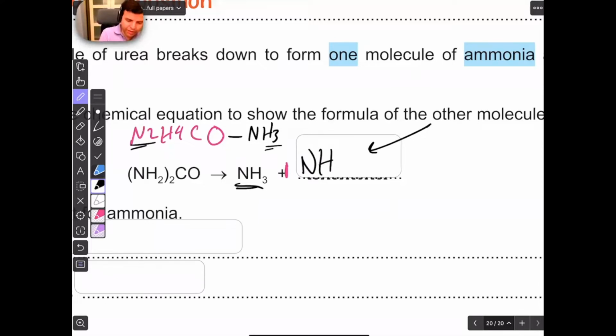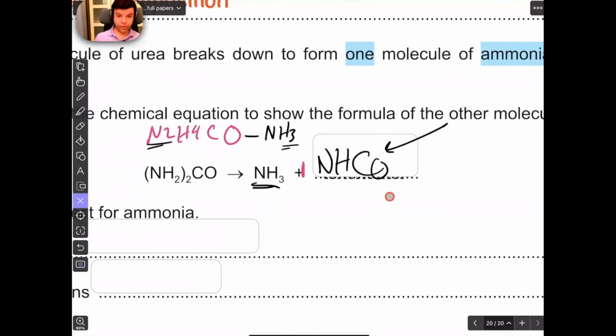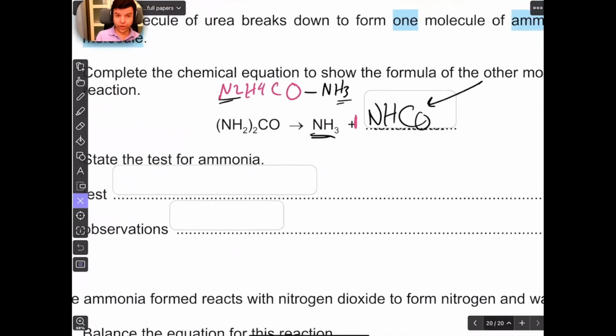And what are the other atoms missing now? There's carbon and there is oxygen, right? Again, it's a very unfamiliar compound. We have to conclude it based on what? Based on the chemical equation. You can put the atoms in any order. It doesn't matter if you put the nitrogen first, the carbon second. They're going to accept it for sure. Okay? Any question? So we just worked it out from the equation.